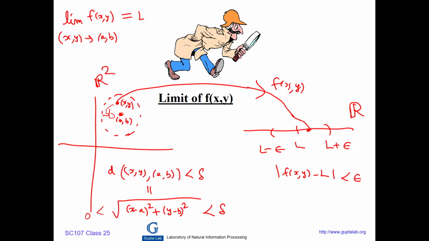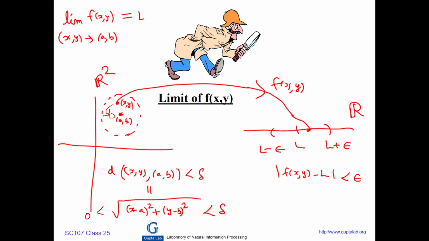So the definition is exactly the same. Limit of a 2 variable function f of x comma y is L if for every epsilon positive there exists delta positive, such that as long as distance between generic point x comma y and the point where the limit is approaching is less than delta. Now this distance here, normally we take Euclidean distance, but otherwise you can take any distance.